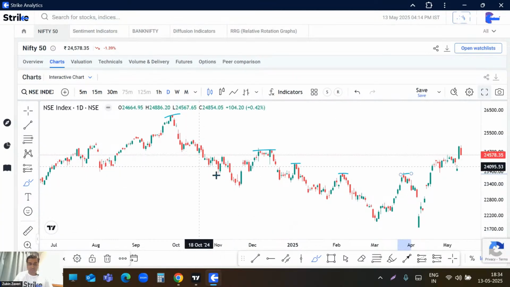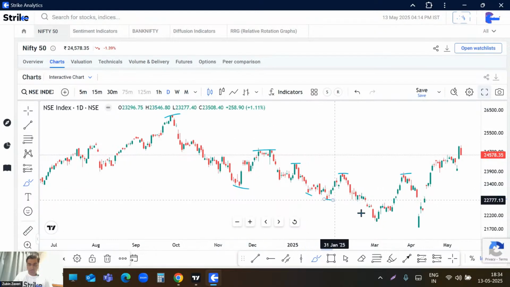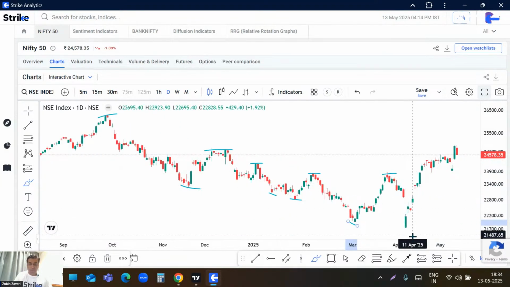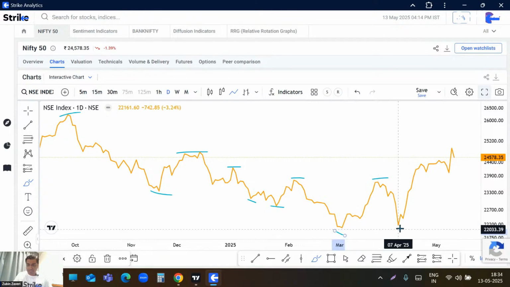Similarly, we had a series of lower lows. But my friend, on 7th of April, when Donald Trump declared the tariff war, the market did go below this particular low. But if we look at the line chart, that is on a closing basis, it did not break below this low.